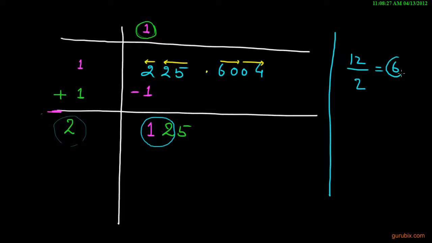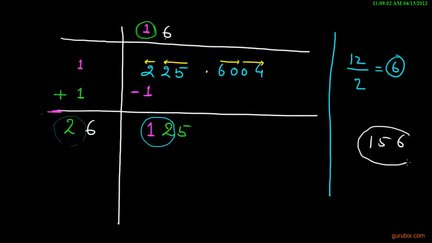Then the next digit in the quotient will be 6 or less than 6. So let us write 6 in the quotient and 6 here. Then this number becomes 26 and this number is 6. And now we shall multiply 6 with 26, we get 156.